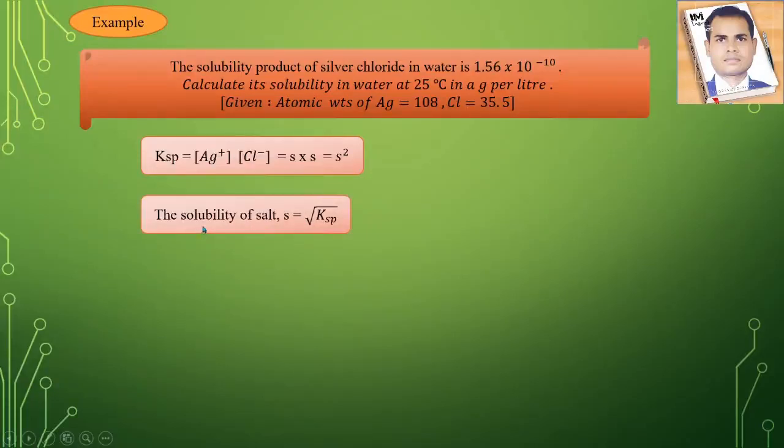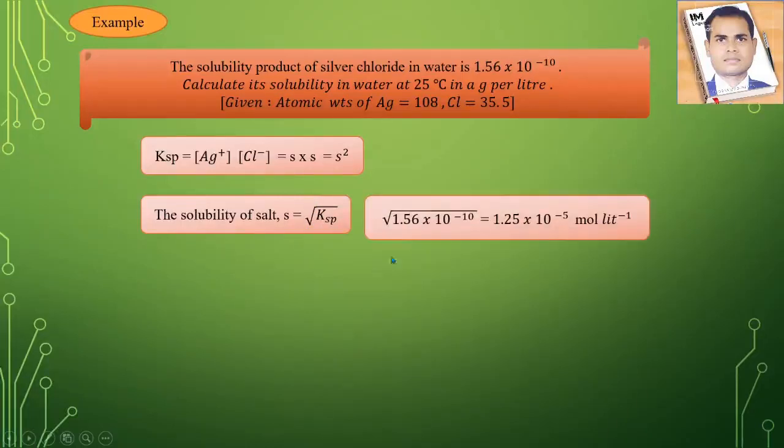So the solubility of the salt is s = √Ksp. We know Ksp for this salt, silver chloride, so you can directly put this value and you will get 1.25 × 10⁻⁵.